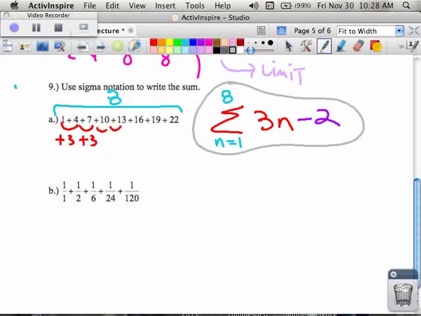Look at the second one. In part B, what do you notice about the numerators of every single thing? Very good in listening to my question. Let's try again. What do you notice about the numerators of every single one? They're all 1s. So when I do my sigma, what I know is that I'm going to have a fraction, and the top's going to be a 1.